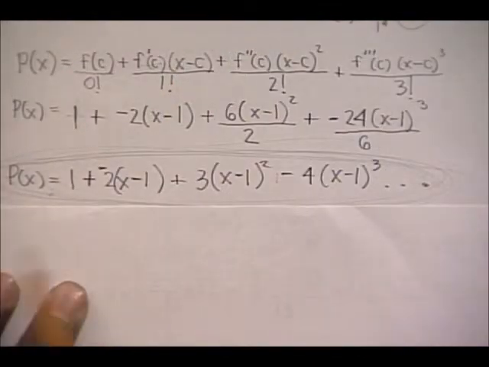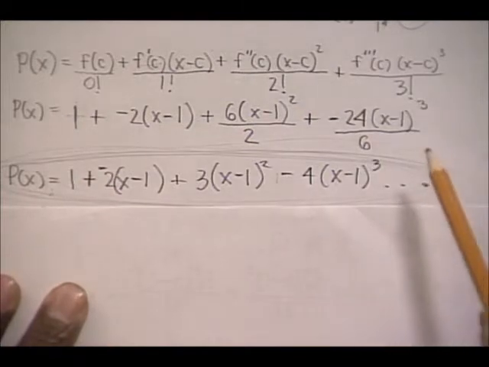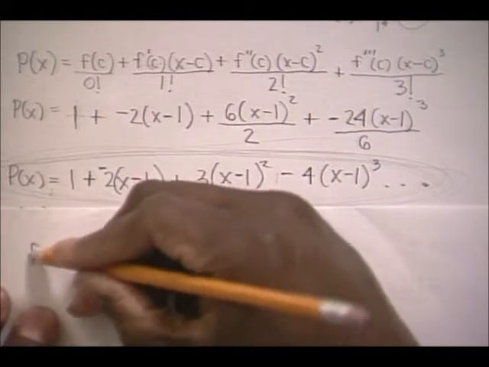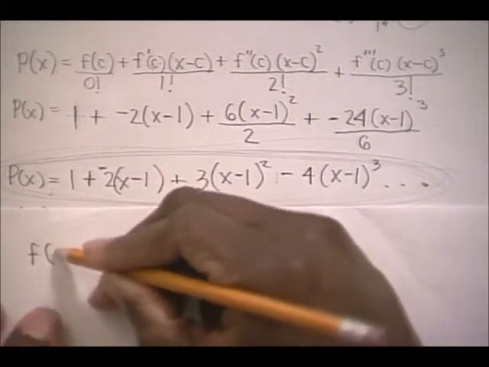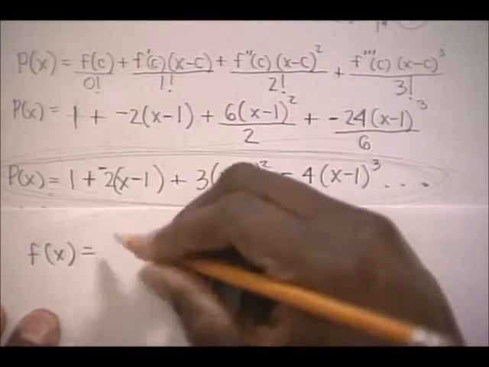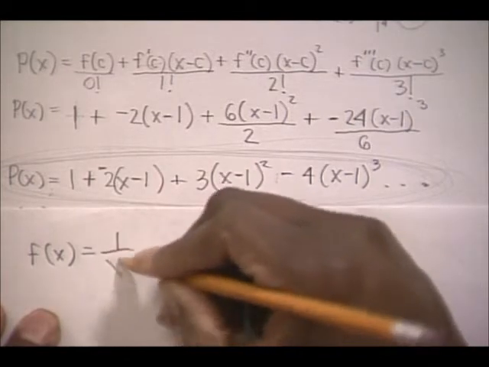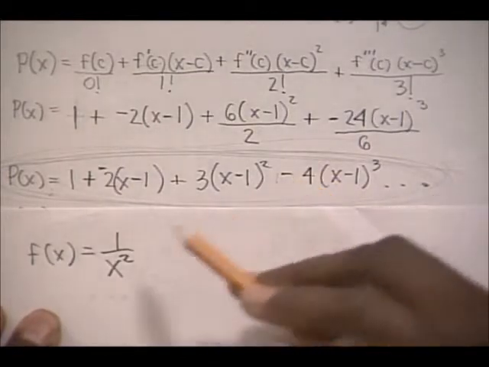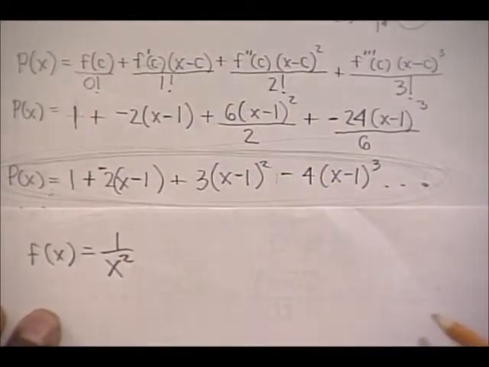P of x was equal to this series here, and this was a representation of f of x, which was equal to 1 over x squared. So this was centered about 1.